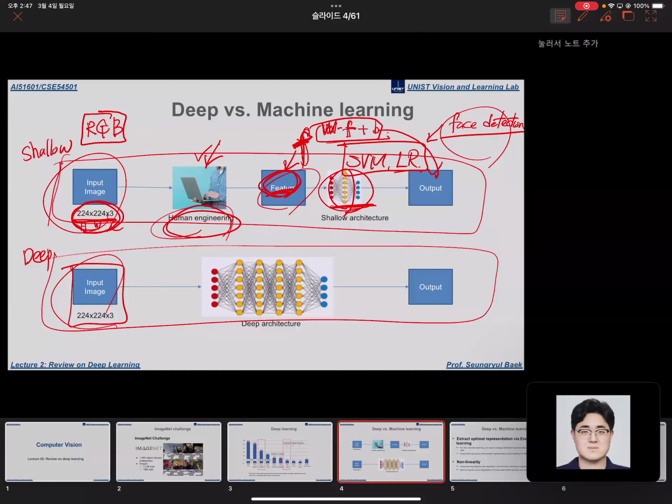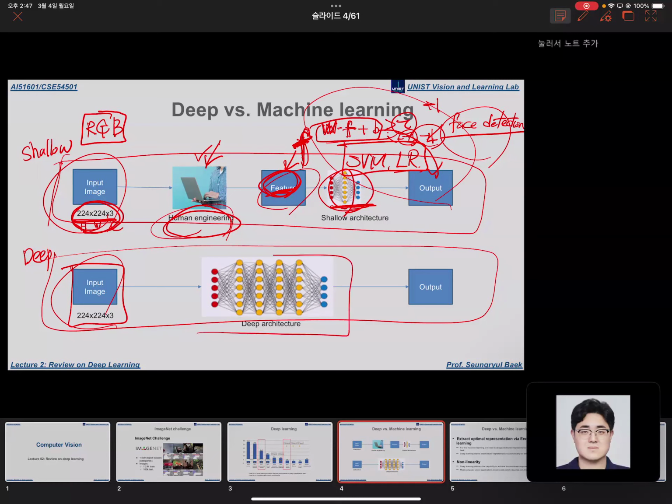And if this is larger than some threshold, we will call it +1 class. Or if this is less than -tau, maybe, then we will call that -1 class. Okay, this is the logic that happens in previous shallow learning pipelines.